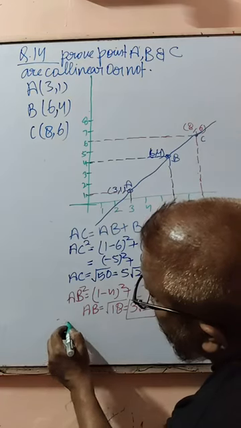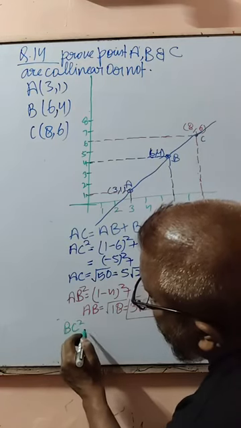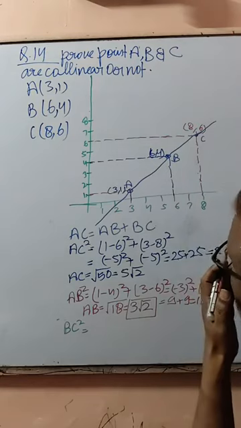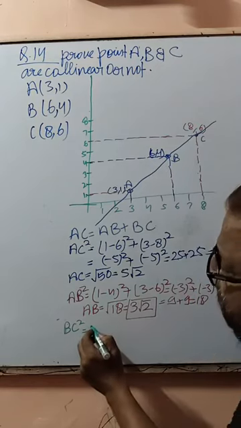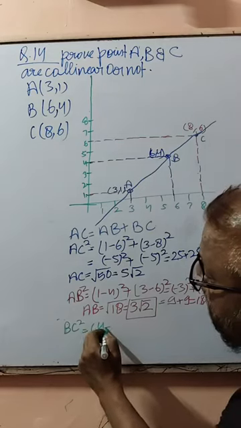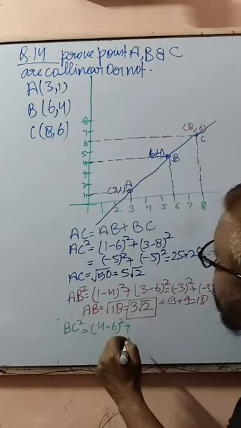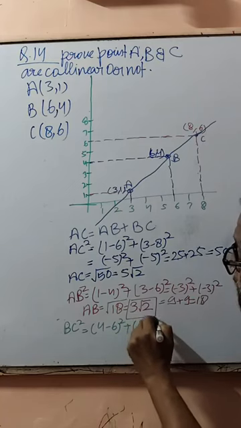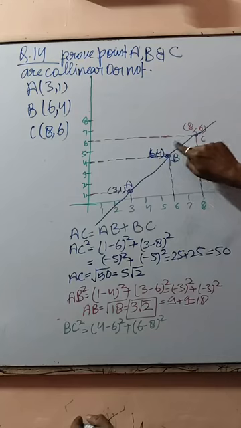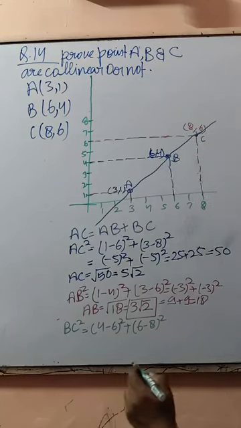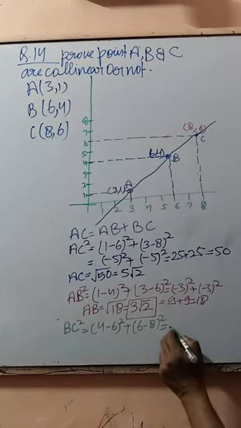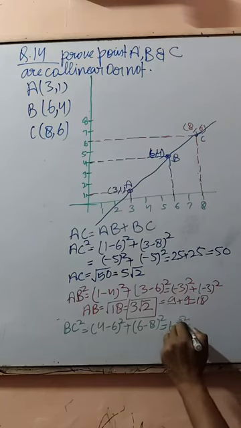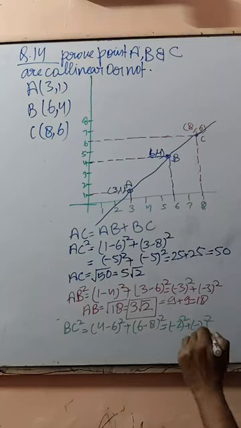फिर BC square is equal to 6 minus 4, comma, minus 6 का होल स्क्वायर प्लस 6 minus 8 का होल स्क्वायर. Is it correct? Yes. 4 minus 6, 6 minus 8. So you get minus 2 whole square plus minus 2 whole square.